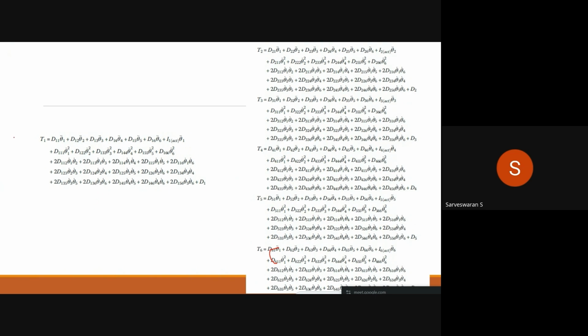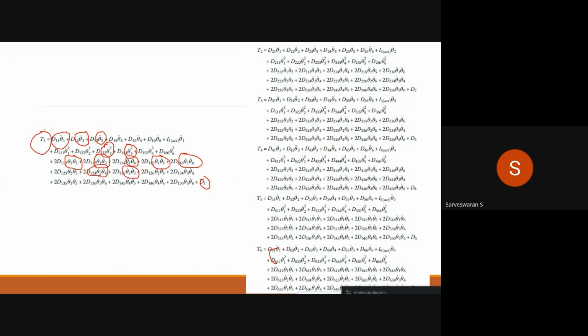Looking at the 6 DOF robot, in T1 we have to solve for theta 1 double dot, and also the accelerations of theta 2, theta 3, theta 4 and theta 5. Next, the individual centrifugal components, the velocity components, also have to be considered. Then, importantly, the Coriolis components: theta 1 dot theta 2 dot, theta 1 dot theta 3 dot, theta 1 dot theta 4 dot, theta 1 dot theta 5 dot. The Coriolis components also have to be considered. Then the gravity terms will come in.